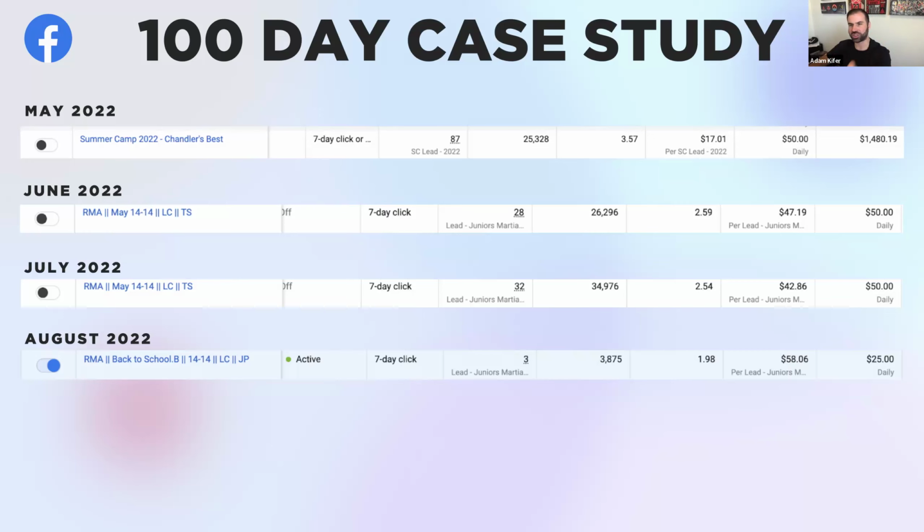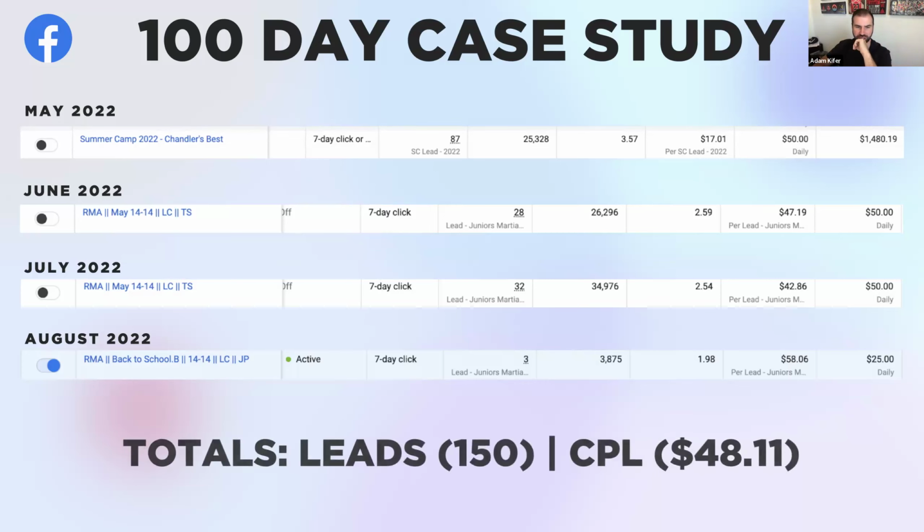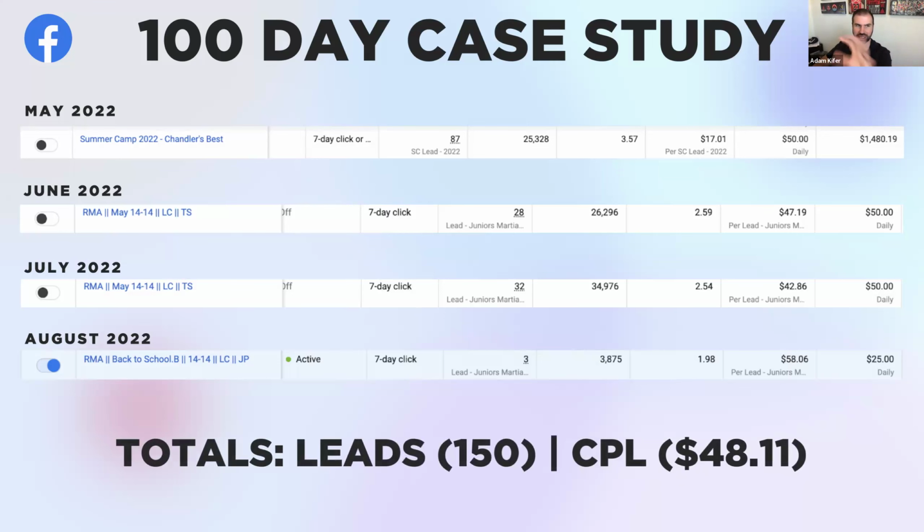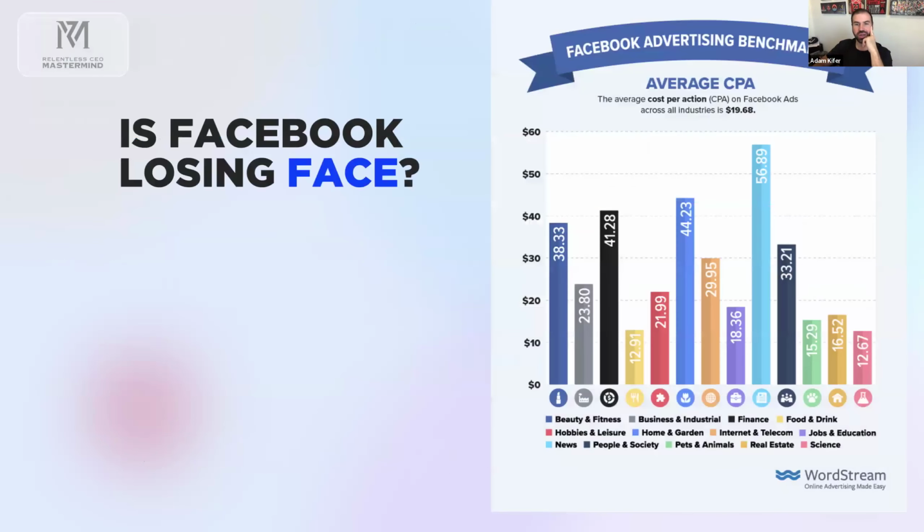Okay, and you can see average cost per lead is around $40 to $50 for these guys, right? Then we did Google Performance Max ads at the same time with the exact same budget. You can see at the end of the 100-day test on Facebook, they got 150 leads for $48 on average.